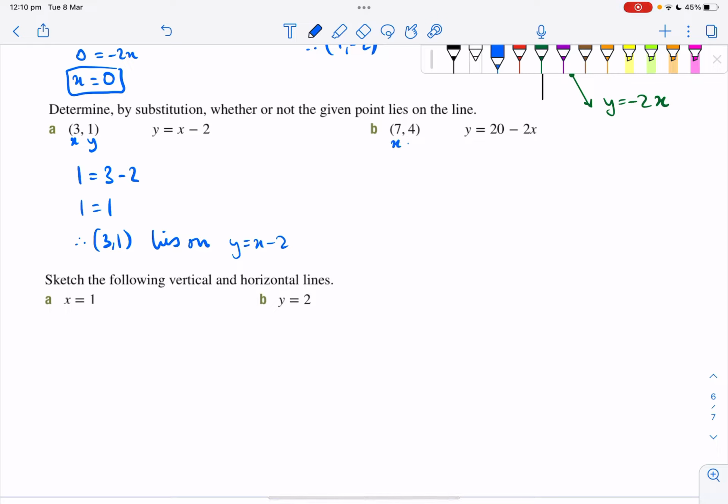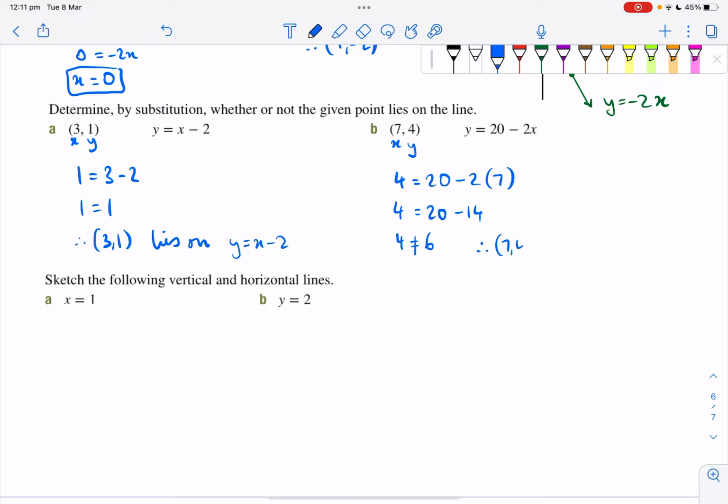Let's check this example to see if it balances or not. So here x is 7, y is 4. We're going to substitute them in accordingly. So we get 4 equals 20, take away 2 times 7. 4 equals 20, take away 14. 4 equals 6, which is not true, so it didn't balance.